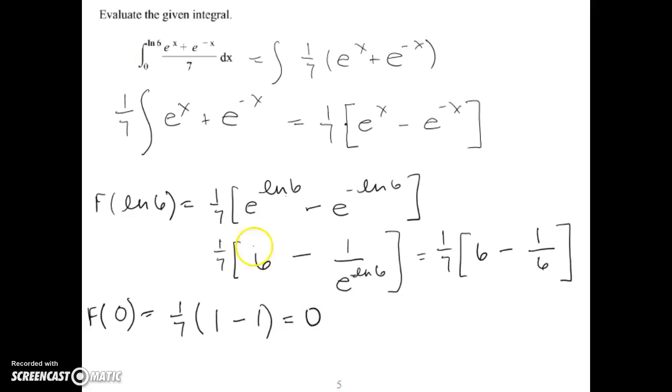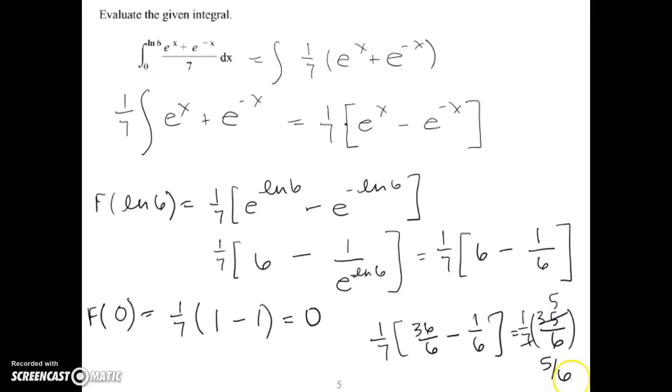So when we say f of natural log 6 minus f of 0, we're going to get 1/7 times 6 minus 1/6, that's going to be 36 over 6 minus 1 over 6, which is 35 over 6 times 1/7. Then you can cancel the 7 and the 35, so we end up with 5 over 6.